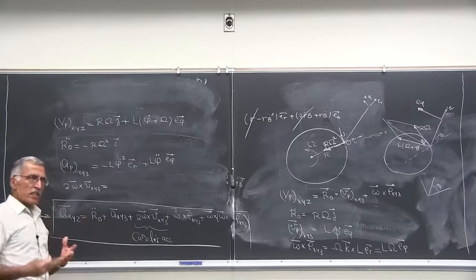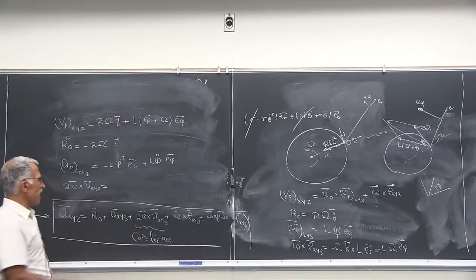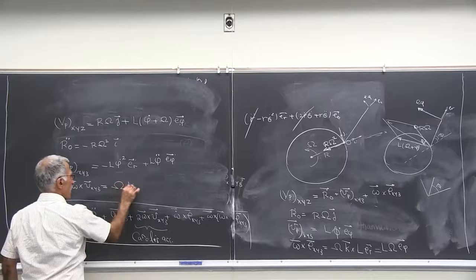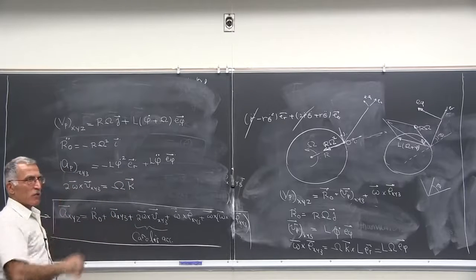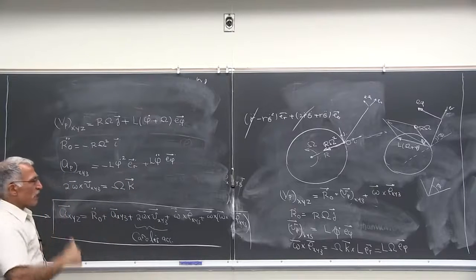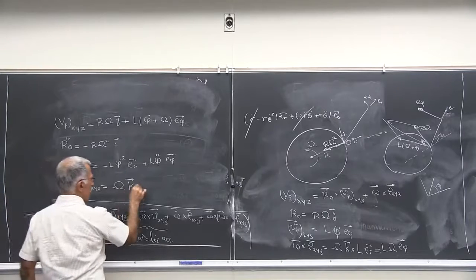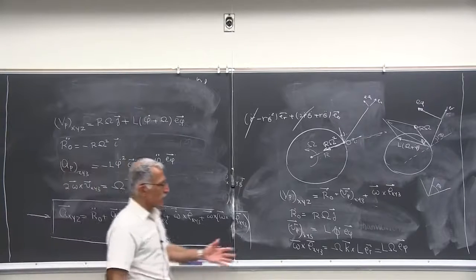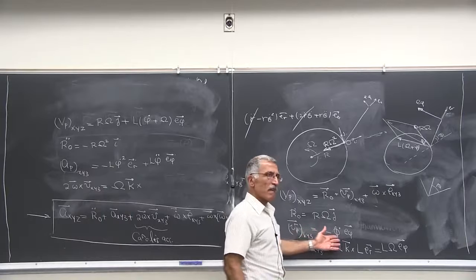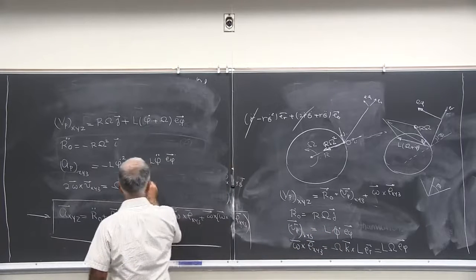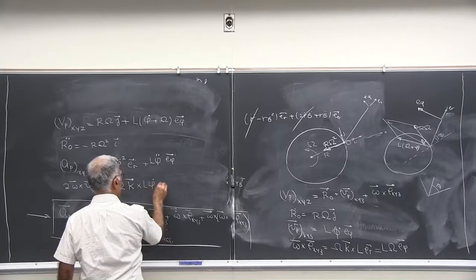the one that is rotating the auxiliary reference frame, which is my omega k, normal to the blackboard. Use your thumb. Thumb is coming out of the page. And vxyz, we calculated from the previous one, is L phi dot E phi.